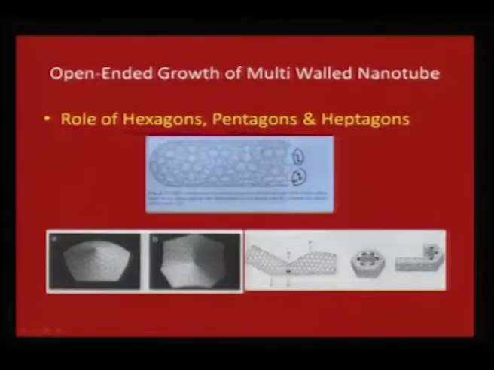So, typically these sorts of units help in realizing whether there will be a closing, because both sides can be open ended also when it is growing along a preferred axis, but in most cases we see that the carbon nanotubes do close at one end to attain stability. And why does it happen? Mainly because of the role of these hexagons and pentagons and the way the carbon clusters keep on getting accumulated.